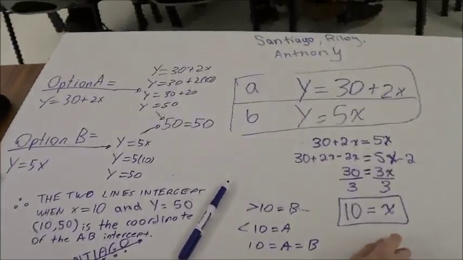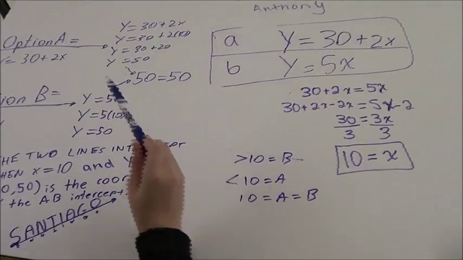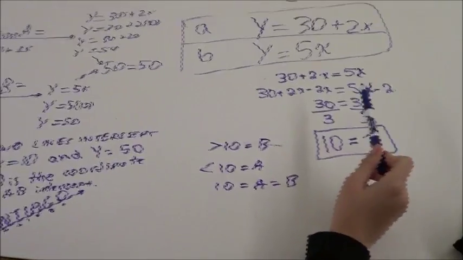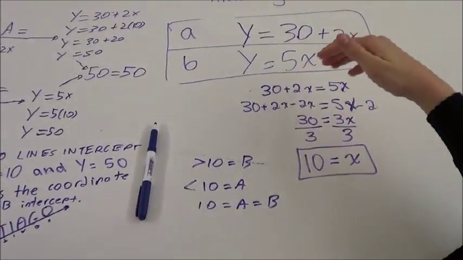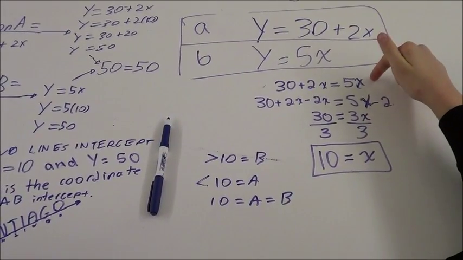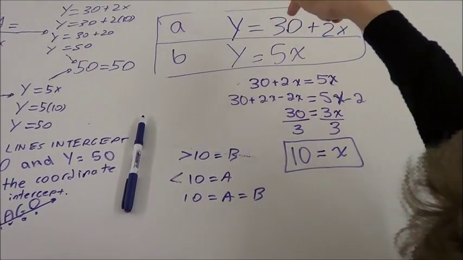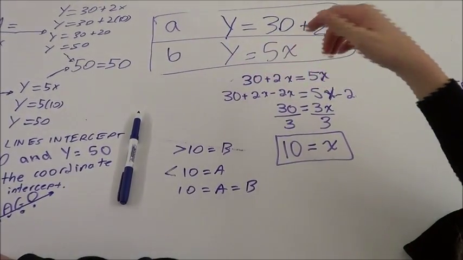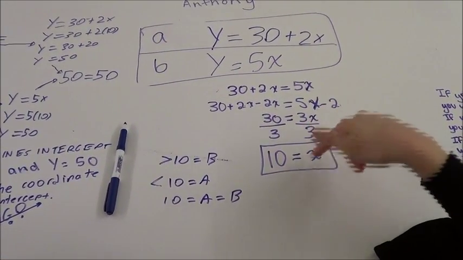Basically, we started by figuring out that we both need to be the same thing. Okay. So we used algebra to figure out what x would equal. So we wrote the equations for both options on either side, because they would need to equal each other so we could get the value of x.